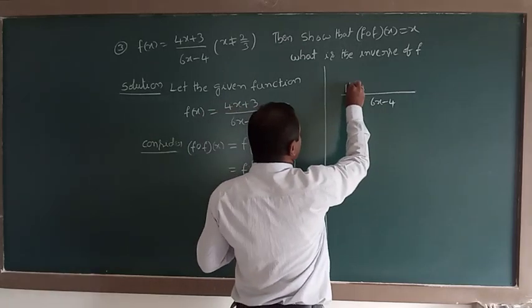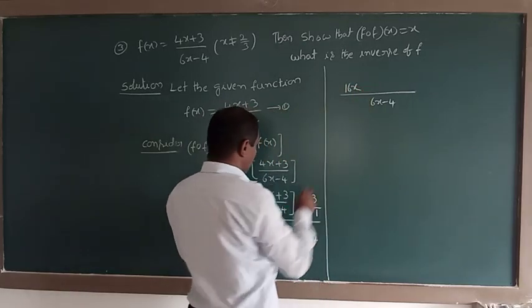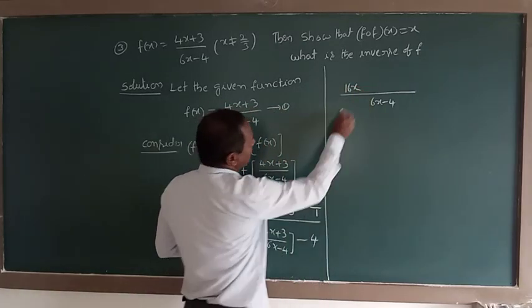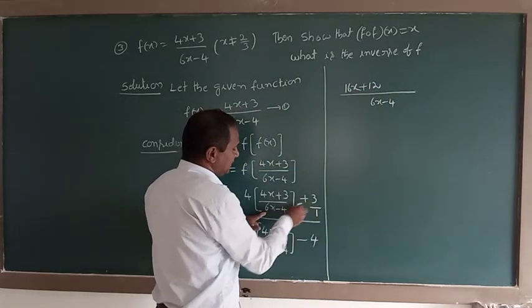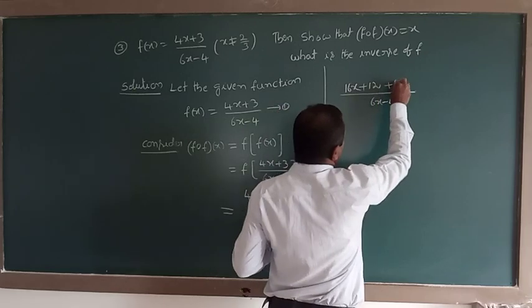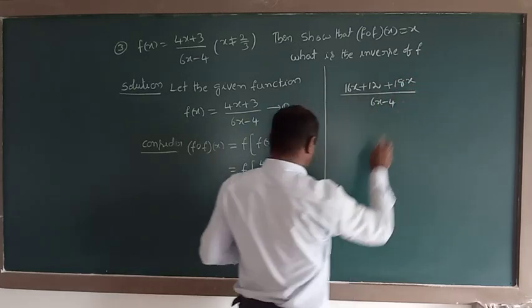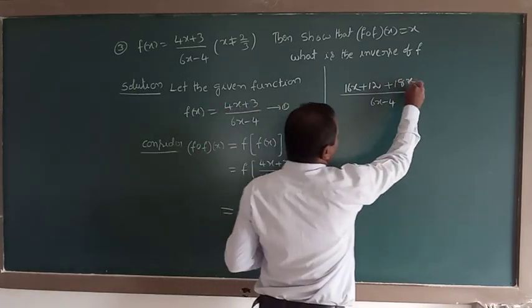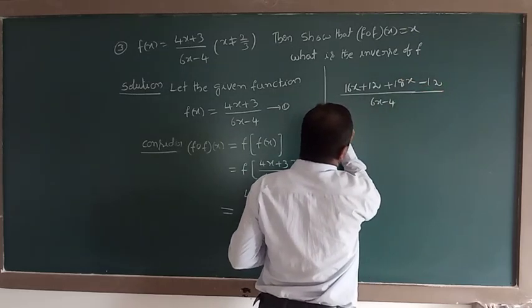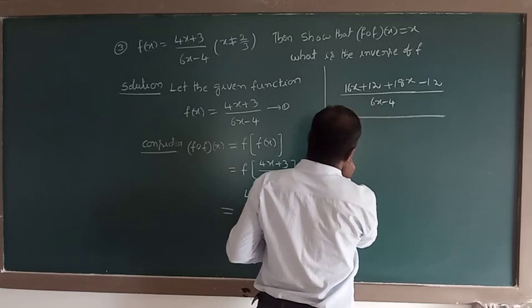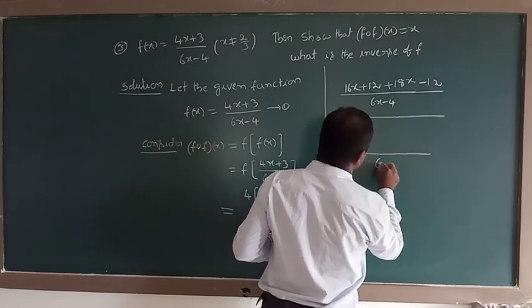4 fours are 16x, and 4 threes are 12. Taking cross multiplication, 3 into 6, 18x. 3 into minus 4, minus 12 here. Whole divided by, here also LCM for denominator is 6x minus 4.